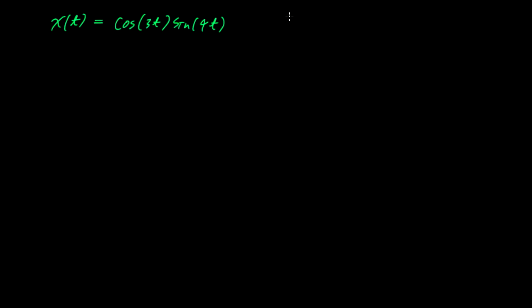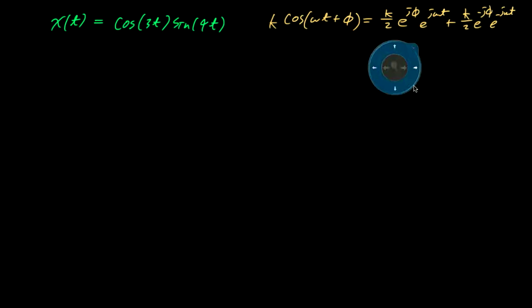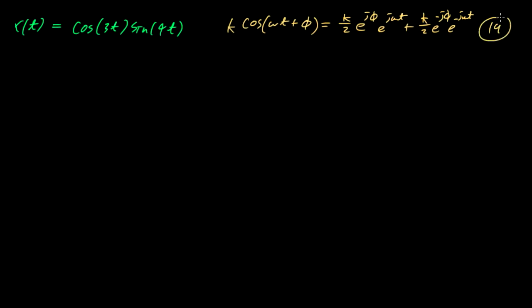We figured out that if we want to represent k cosine omega t plus phi, we can represent that as k over 2 e to the j phi e to the j omega t plus k over 2 e to the minus j phi e to the minus j omega t. We figured this out in problem number 19 from the first recitation.